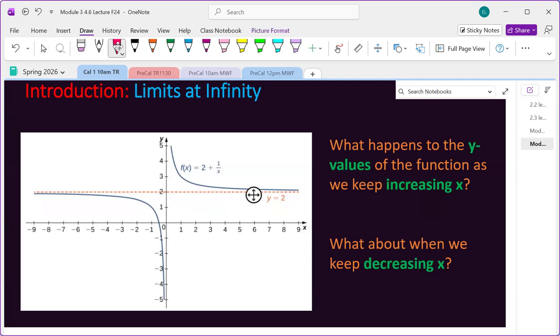So now as I plug in increasingly large numbers, like 1 over 1,000, that's 0.001. So I have 2 plus a little tiny number. Now if I plug in 1,000,000, now I've got 2 plus 1,000,000th. It's still a tiny bit bigger than 2, but it's actually even closer to 2 than the previous number.